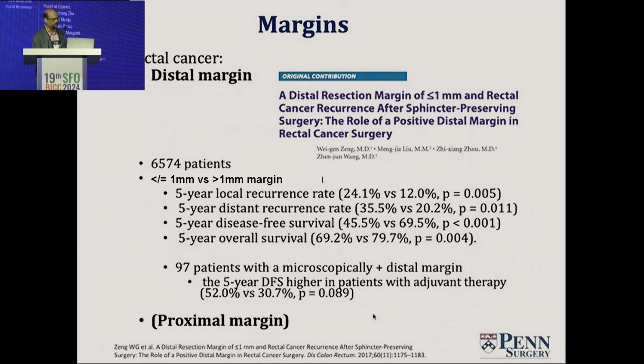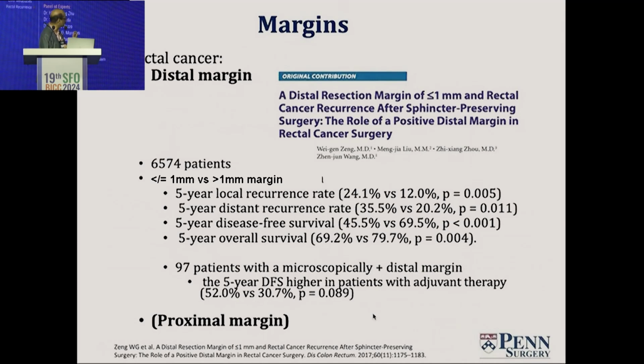Now the distal margin. When do we call the distal margin free? Here is a study which has shown that if the distal margin is 1 millimeter or less, in comparison to more than 1 millimeter, the 5-year local recurrence is 24% versus 12%, the 5-year distant recurrence rate is 35% versus 20%, the 5-year disease-free survival is 45% versus 69%, and the 5-year overall survival is 69.2% versus 79.7%.